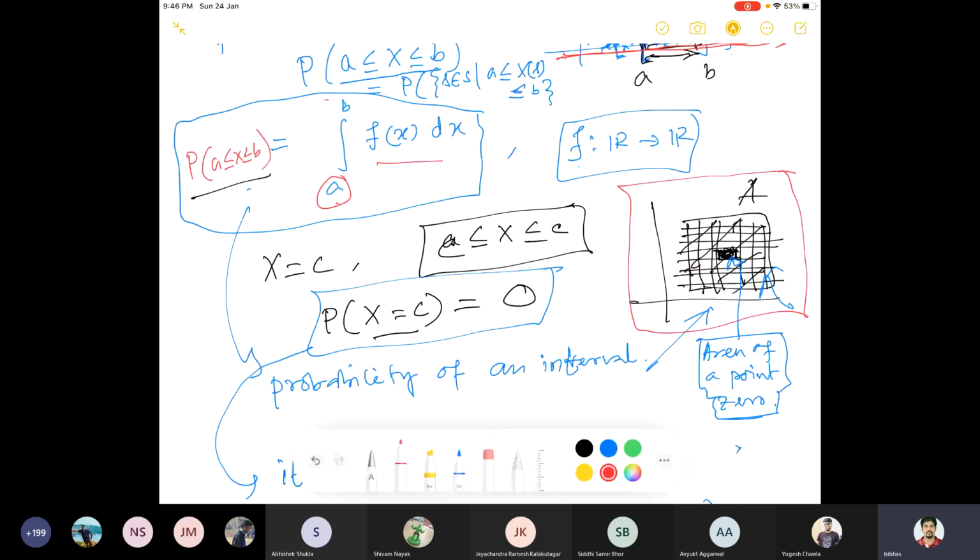But here we are saying, given a function f of x, which is a real valued function, then it is a density function corresponding to the random variable x if it can explain the probability of this event. Meaning, if the area under this curve from A to B gives me the probability of this event, okay, then only I call this f the probability density function. So there is not a very ready-made way of finding fx given the random variable.